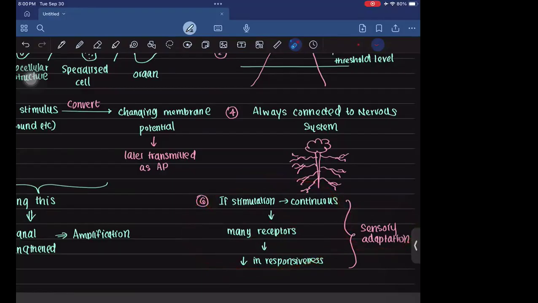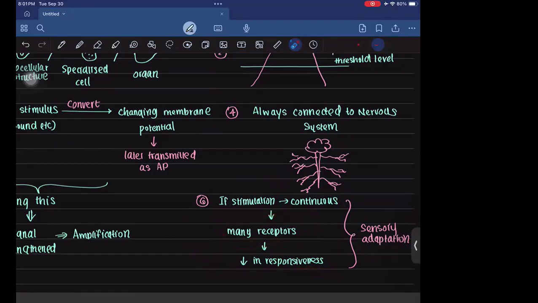So what is sensory adaptation? If the stimulation is continuous, many receptors show a decrease in responsiveness. Many, not all of them. Remember in the MCQ, if they say all receptors show a decrease in responsiveness or all receptors show sensory adaptation, it is completely wrong. They have specifically said many receptors show a decrease in responsiveness, which means you will get used to that smell.